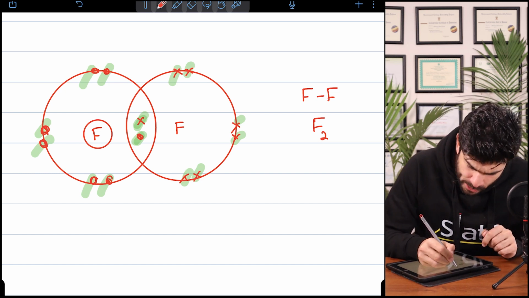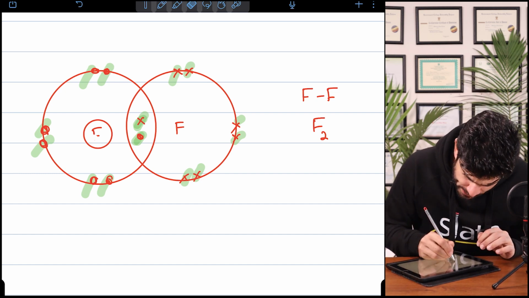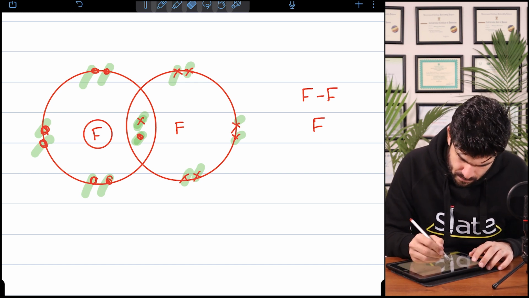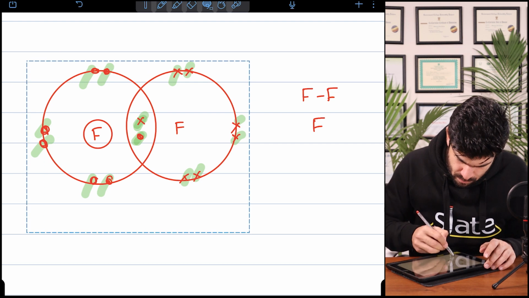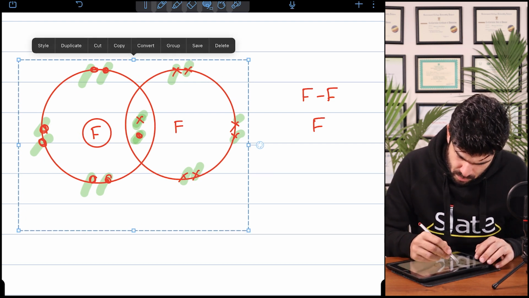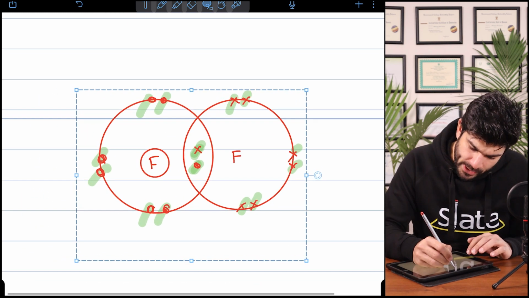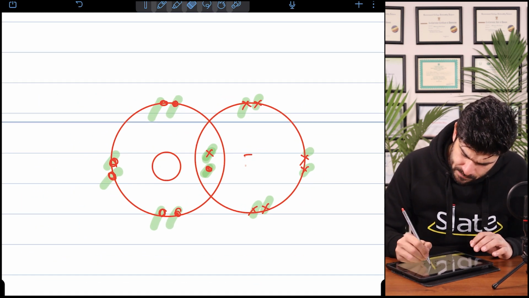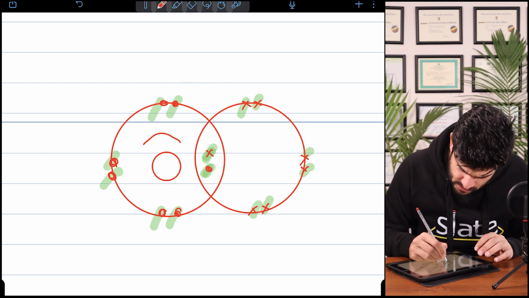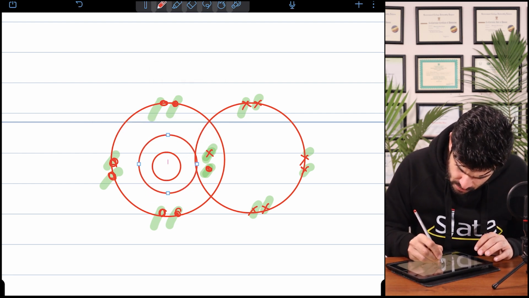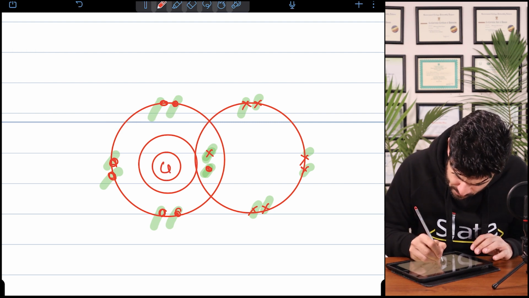For instance, if I draw chlorine, we have one more shell.